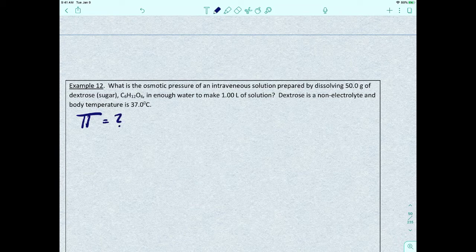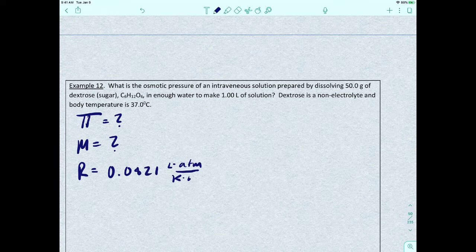We also don't know the molarity. R we do know, that's a constant, 0.0821 liter atmosphere over K mole. And the temperature we know, 37.0 degrees Celsius, which we need to convert to Kelvin. That's 310 Kelvin.